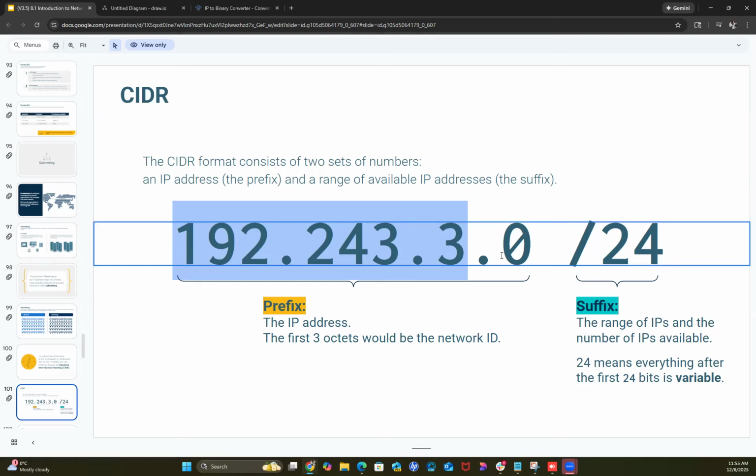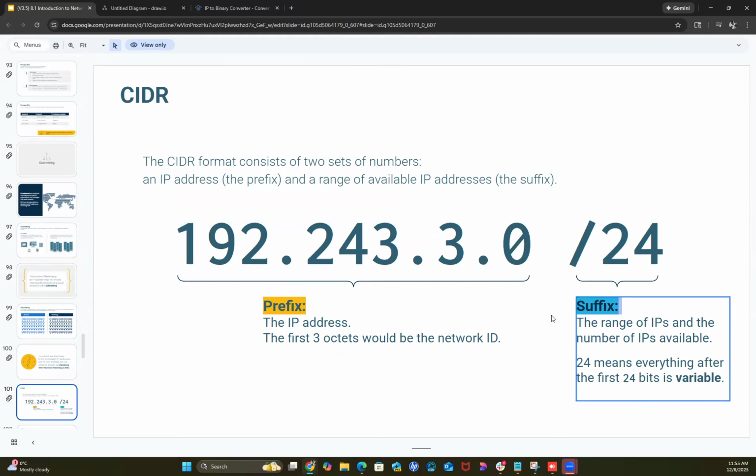This is the network ID basically. Okay. And then starting at 0. The 0 means 1, 2, 3, 4, 5, 6 IPs, step by step. So the suffix 24, or the number after the slash, is 24.